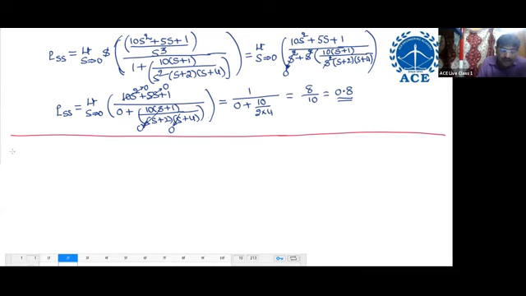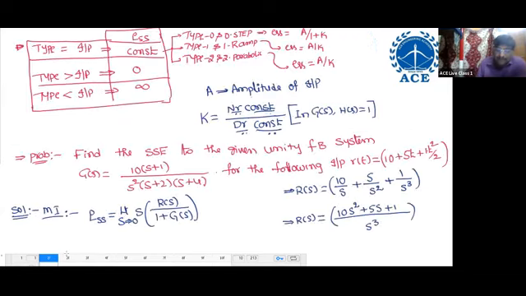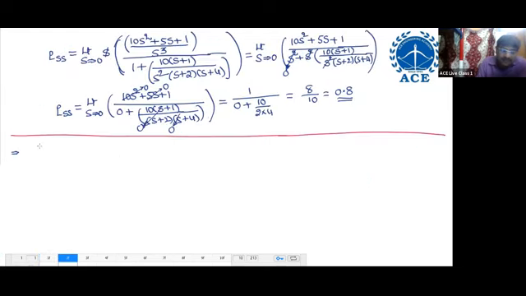How to write directly means just compare type and input. So first, G of s is given as 10 into (s plus 1) by s squared into (s plus 2)(s plus 4). H of s is unity feedback, as mentioned.